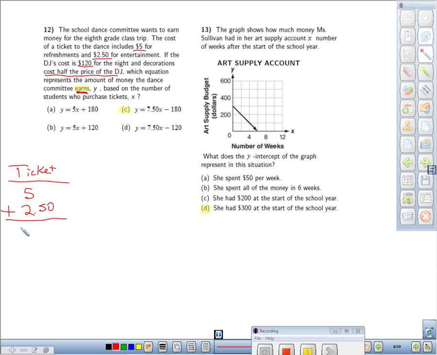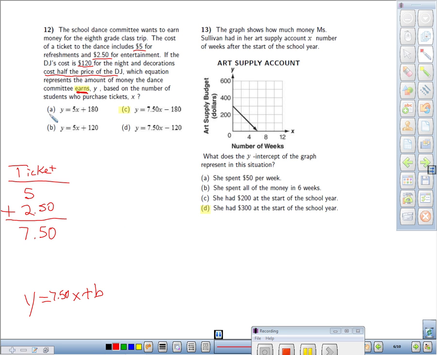Well, if we add those together real quick, we can see that that's $7.50. Now think about that. $7.50 per ticket. That's a rate. So if we're looking at y equals mx plus b, where here's our slope, our rate, then we're going to take the m out and put 7.50 in its place.